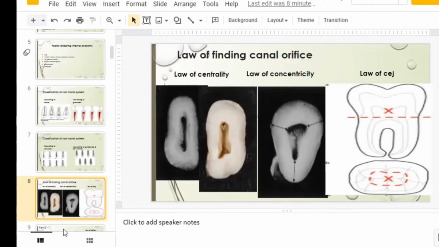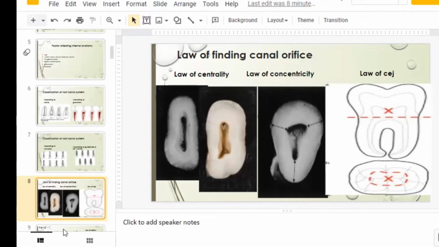For any tooth, the pulp is the heart, and the heart is always at the center, except for one exception, the upper molars, where it is a little bit mesially placed. Otherwise, for all teeth, it is at the center. That is called the law of centrality, law of concentricity.